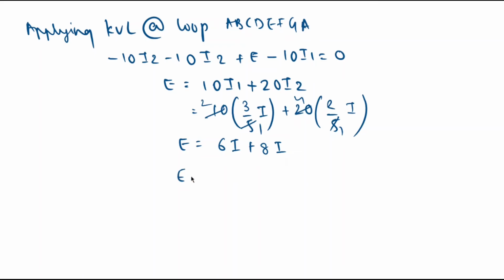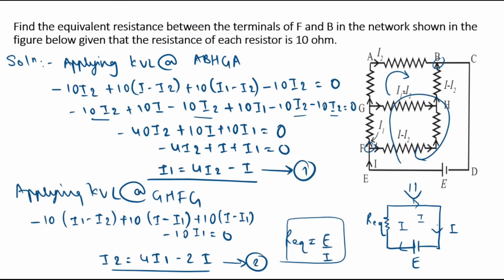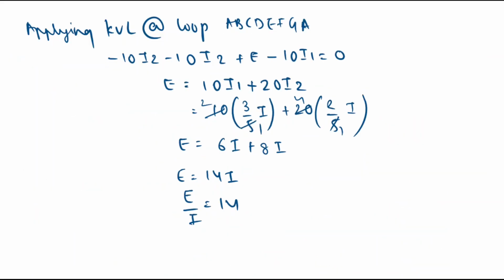So E is equal to 14I. Now if you look carefully, E upon I is 14. So what we said here, that the ratio of E by I will give you the equivalent resistance, which implies that our equivalent resistance, R equivalent, is nothing but 14 ohms.